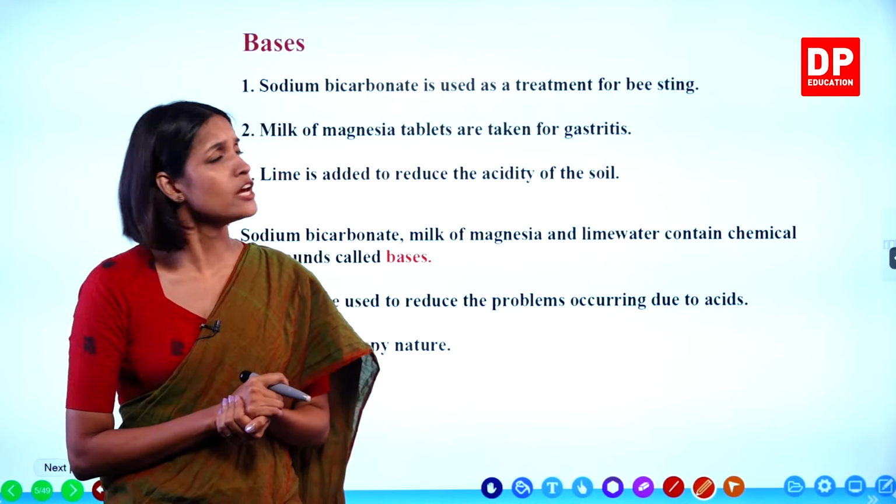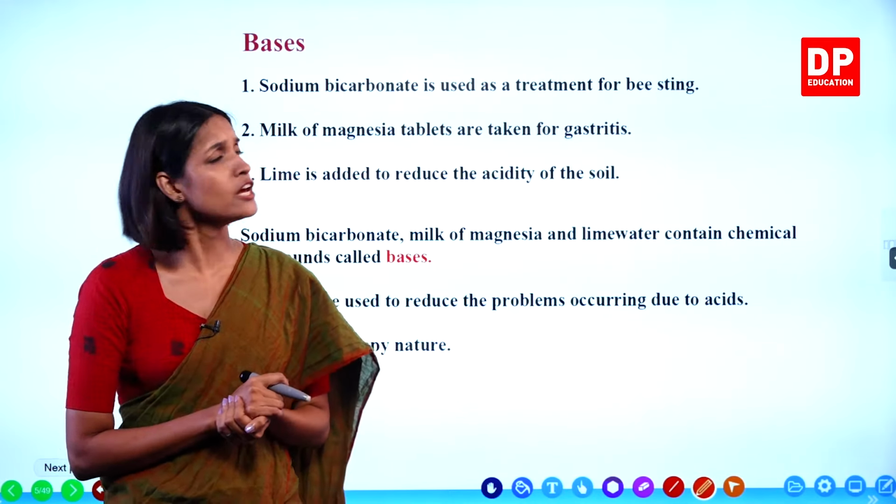So how can you reduce this acidic nature of this bee sting? We can apply some bases. Now when it comes to the sodium bicarbonate or baking soda, it is a type of base. Now acids and bases are chemical substances. They have different properties.